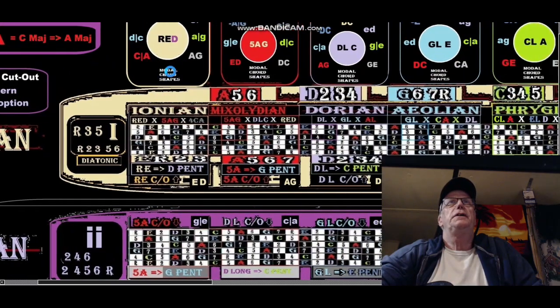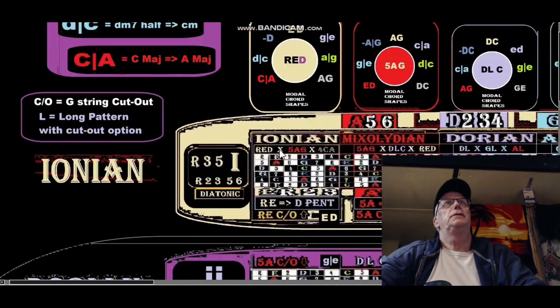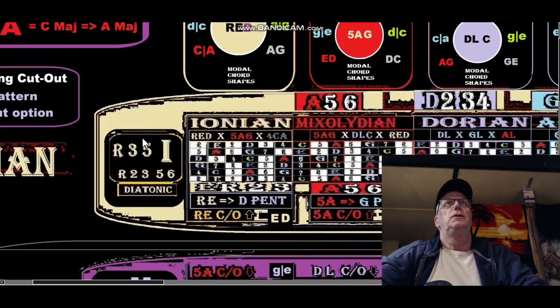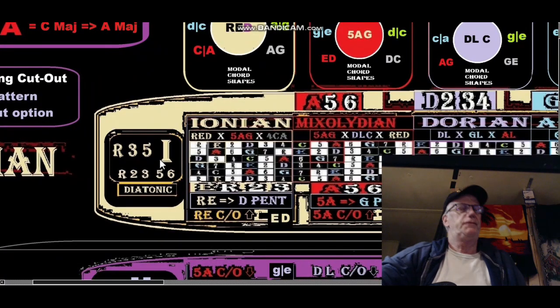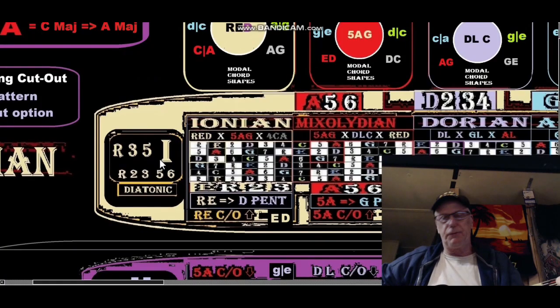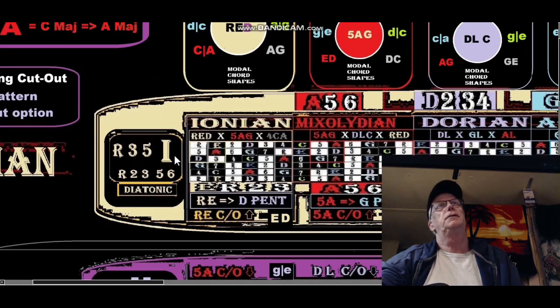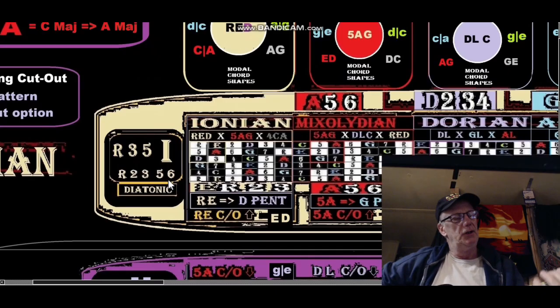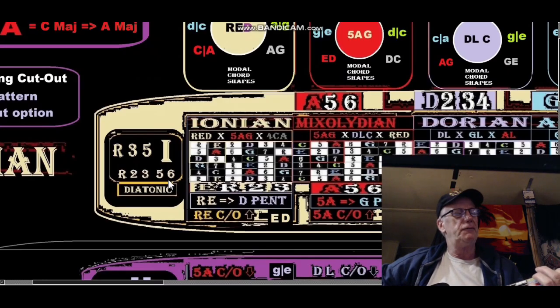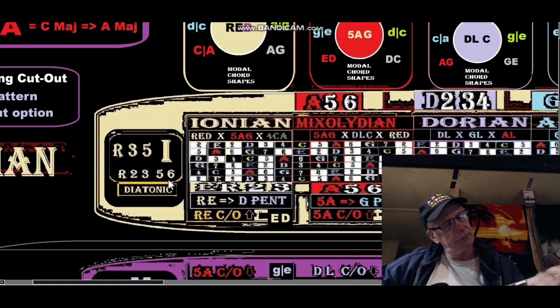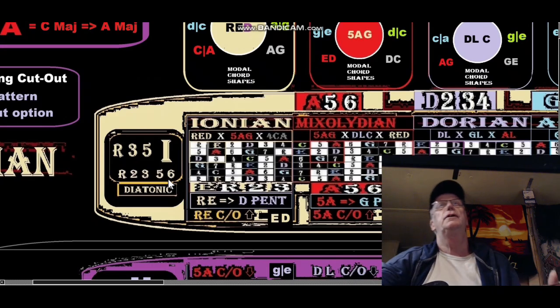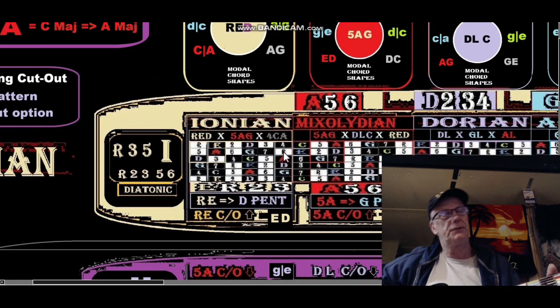L equals long pattern with cutout option. So we start on the Ionian fretboard here: root 3, 5, 5, root 3, first inversion. Here's pentatonic: root 2, 3, 5, 6, root 2, 3, 5, 6, root 2, 3, 5, 6, root up here, 2, 3.